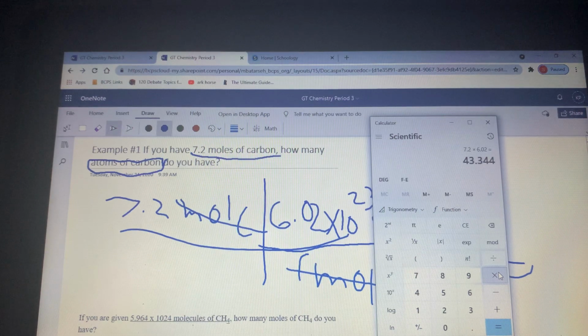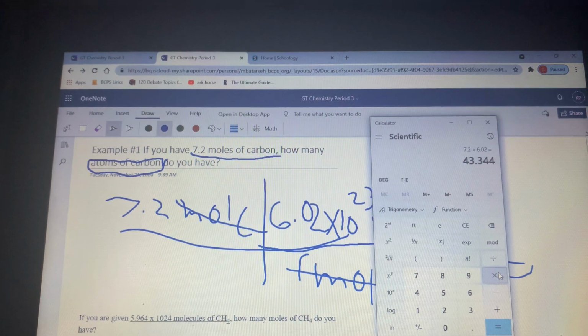So that's the same thing as 43.344 times 10 to the 23rd power. But we know when using scientific notation, it has to be between 1 and 10. So we move the decimal 1 to the left to get 4.3344.